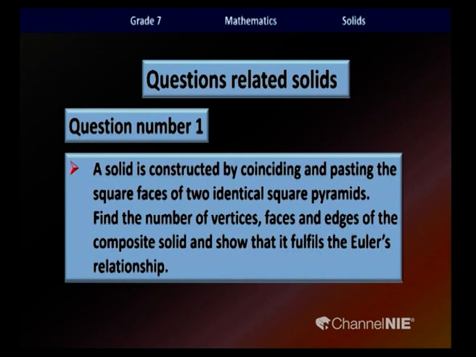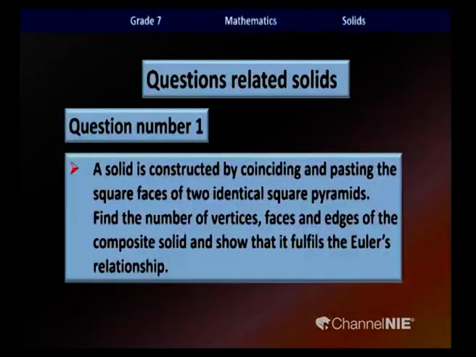A solid is constructed by coinciding and pasting the square faces of two identical square pyramids. Find the number of vertices, faces and edges of the composite solid and show that it fulfills the Euler's relationship.